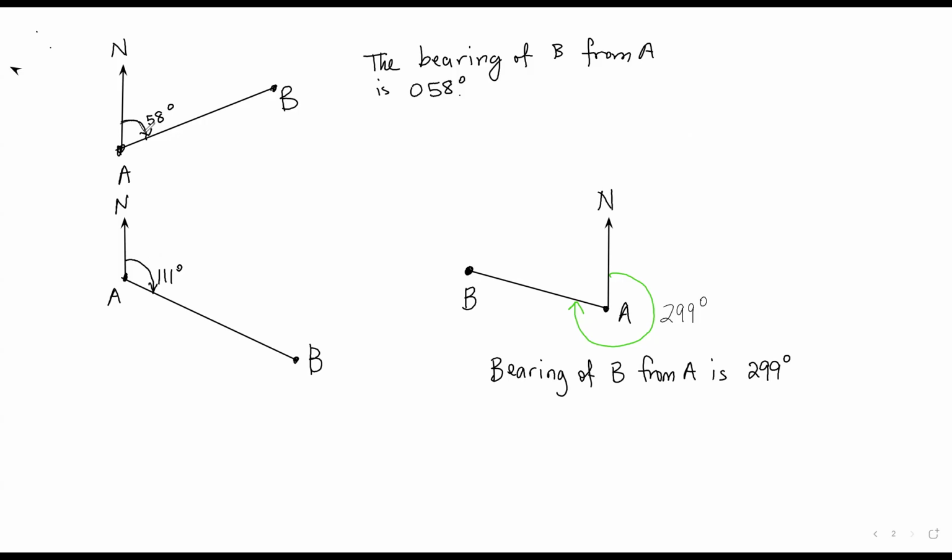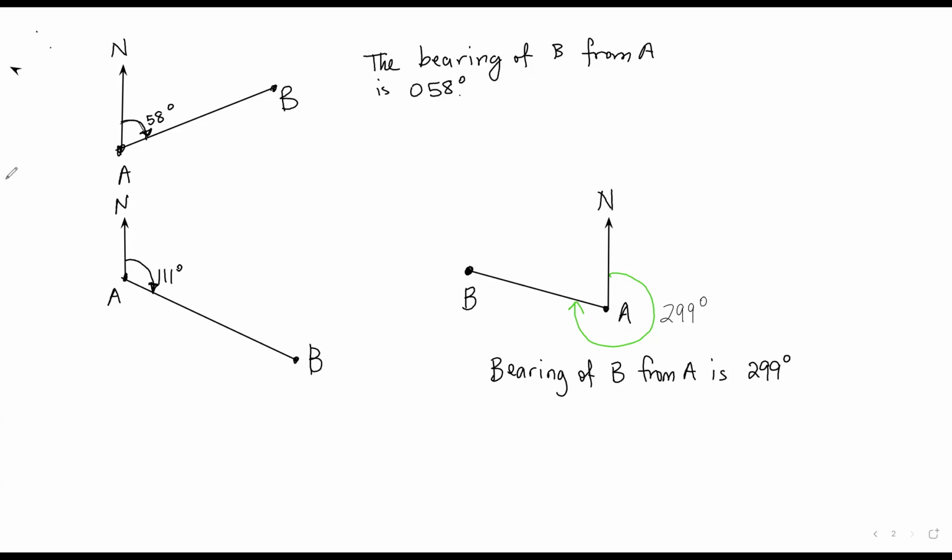It's always your clockwise angle. So look for the clockwise angle. If we were looking from here, the angle would be opening in this direction, so that's in an anti-clockwise direction. And for your three-figure bearings, there are certain conditions. One, it has to be three figures, and two, it has to be the clockwise angle.